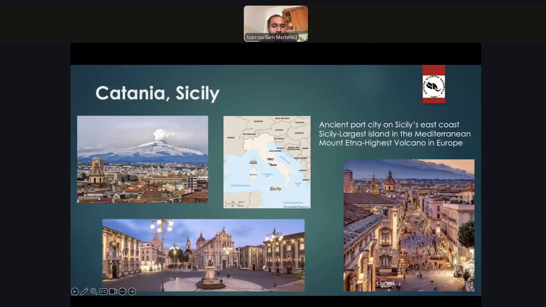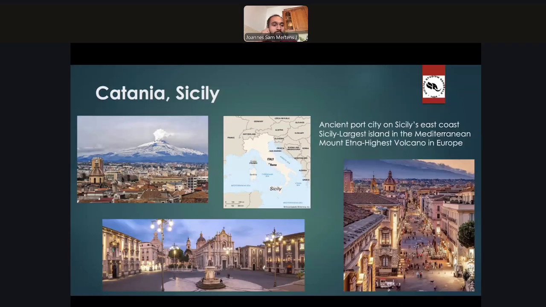I am currently in Sicily, in the city called Catania. Sicily is beautiful and big. It's the biggest Mediterranean island, and as you can see in the second image, it's in the southern part of Italy.